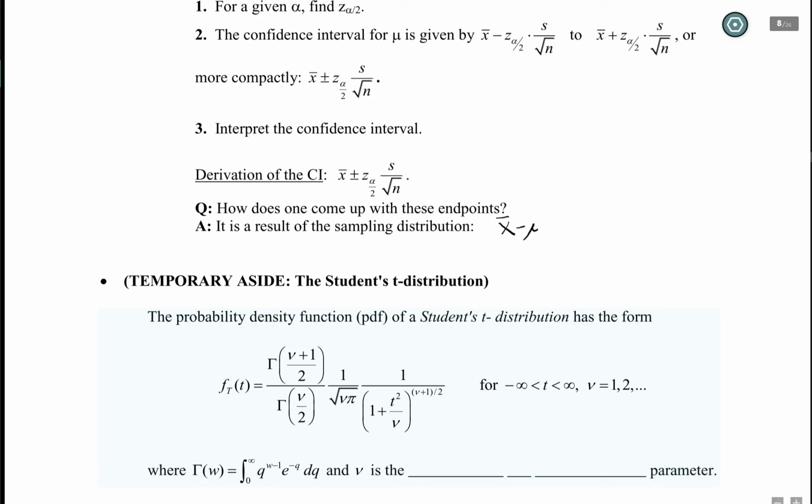It turns out that (x bar minus mu) over (s over root n) is approximately standard normal for large sample sizes, that is where n is at least 30, and that's by the central limit theorem. The central limit theorem is driving the result that this ratio follows an approximate standard normal distribution.